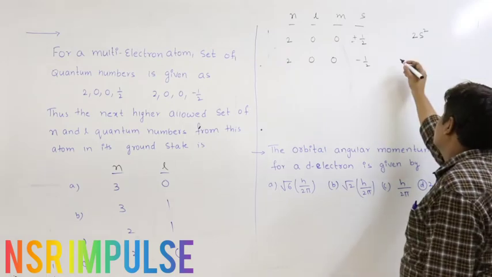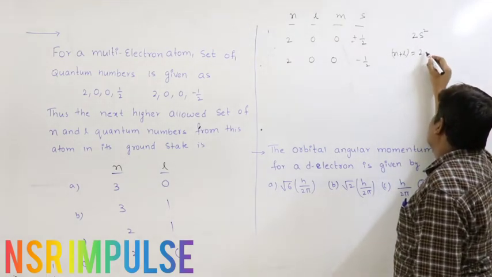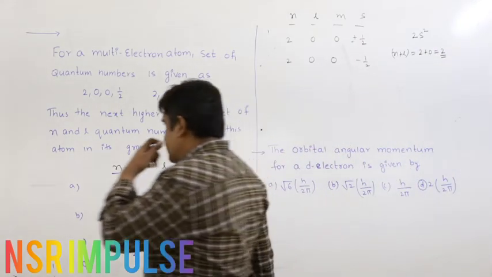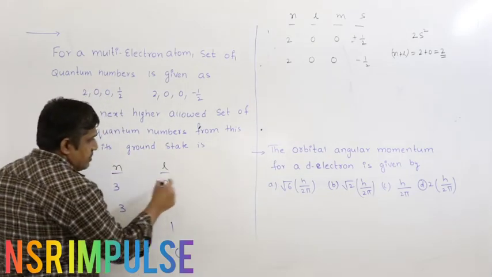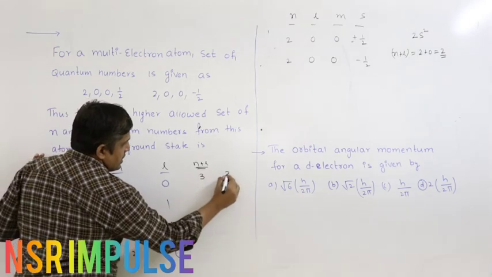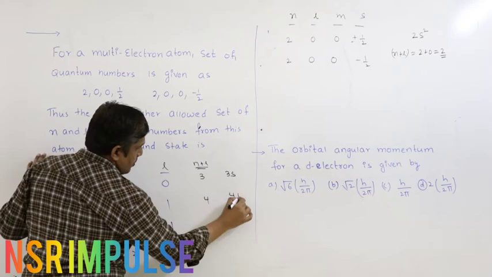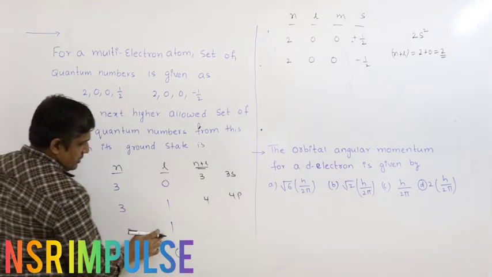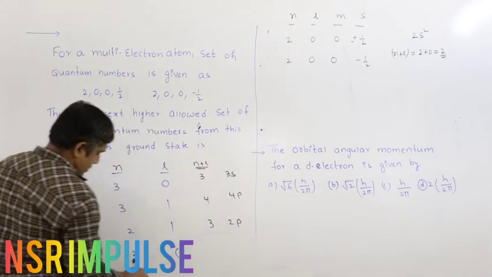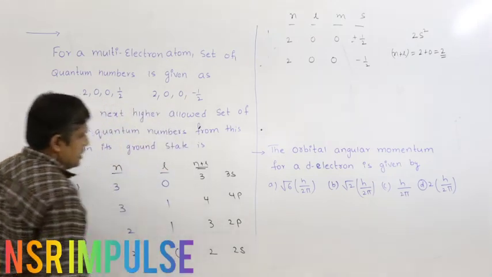For 2s, n plus l value is 2 plus 0, which is 2. Let us come back to the options. 3s, 3 plus 0, is 3, nothing but the 3s orbital. 3 plus 1 is 4, nothing but the 4p orbital. 2 plus 1 is 3, nothing but the 2p orbital. 2 plus 0 is 2, nothing but the 2s orbital.